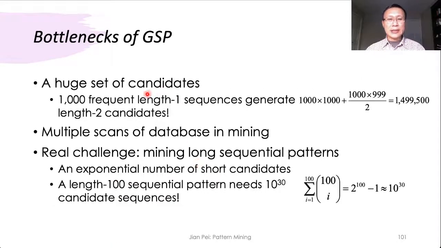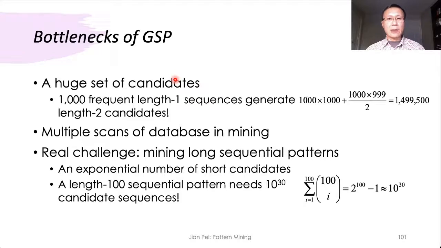As you can see, in this GSP algorithm, the advantage is that we use the apriori property and monotonicity to speed up the mining process, and we can prune many longer sequences if they have some shorter subsequence that is not frequent.